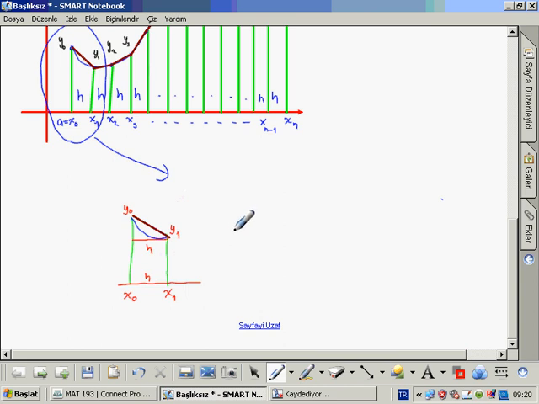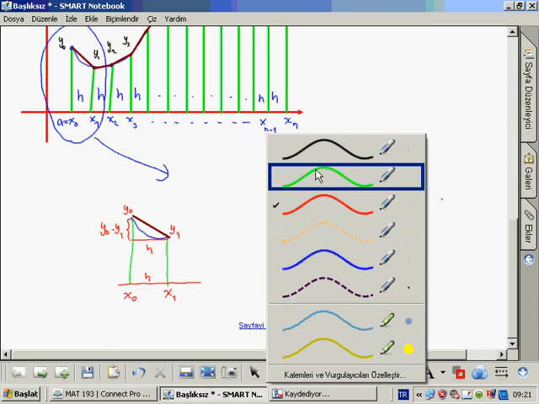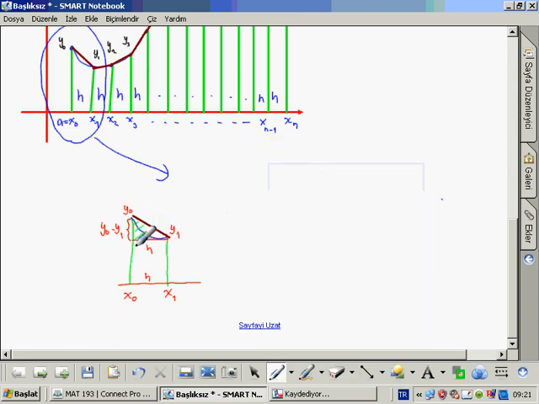When you calculate this green shaded area, it's equal to h times y0 plus y1 over 2 square units.